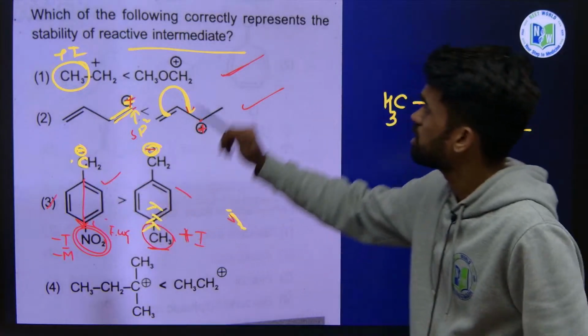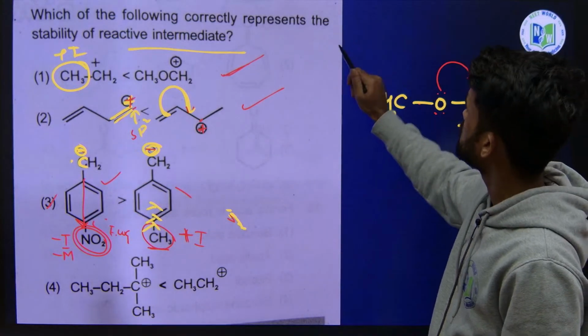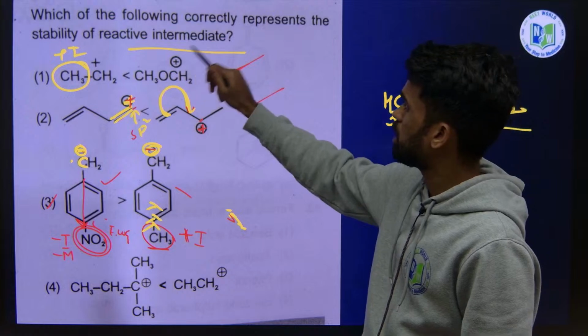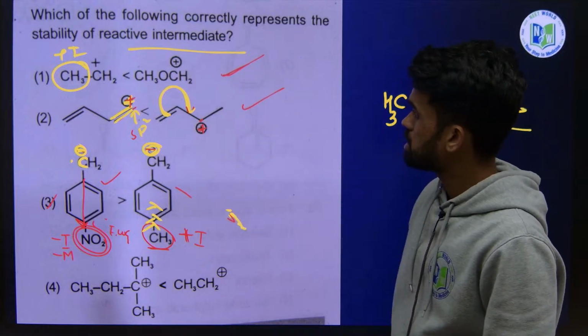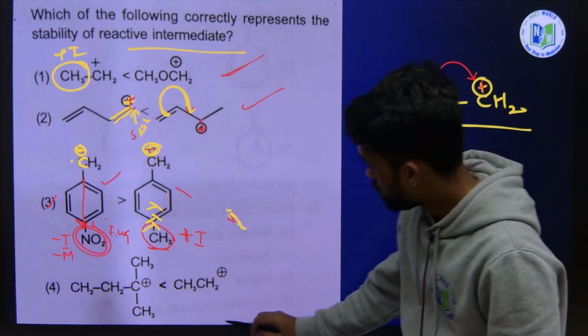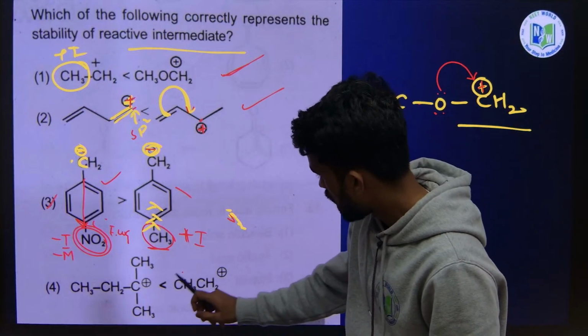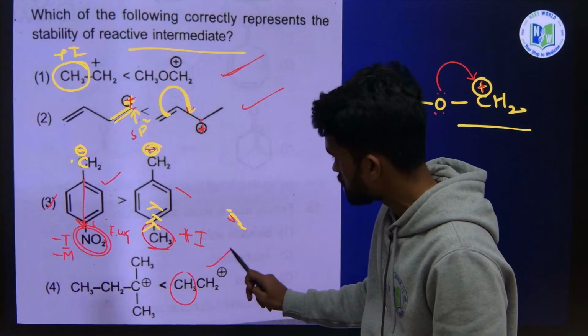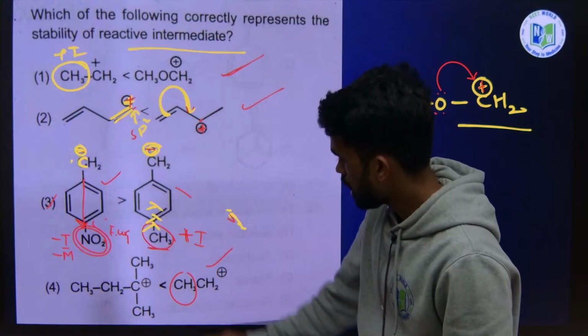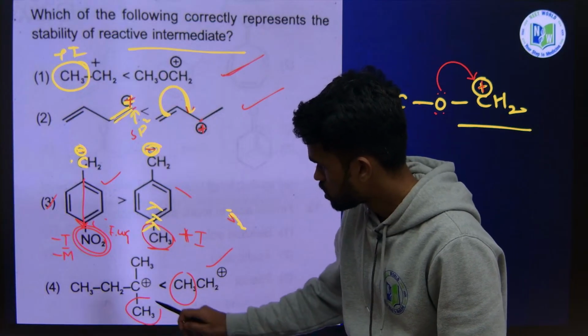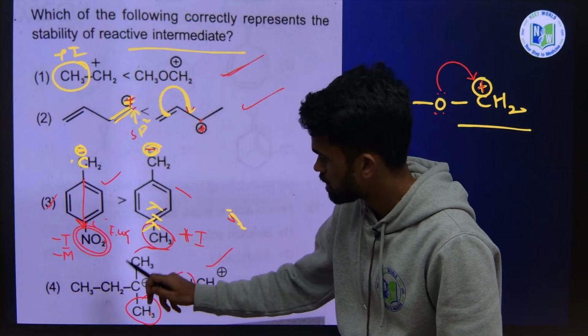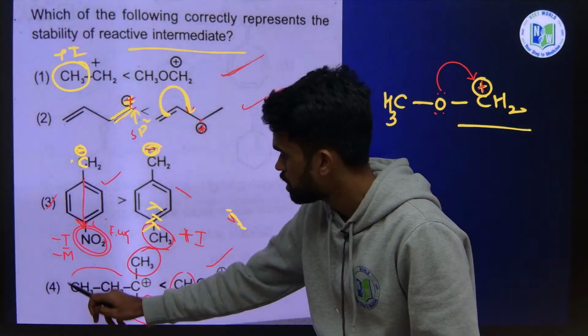Now they are asking which of the following correctly represents the stability of reactive intermediates. Yes, all these are correctly represented as of now. And look here, you have 3 alpha hydrogens to stabilize this, then this one, how many are there? So 3 here, 6, and 3 alkyl groups now. So here 2.